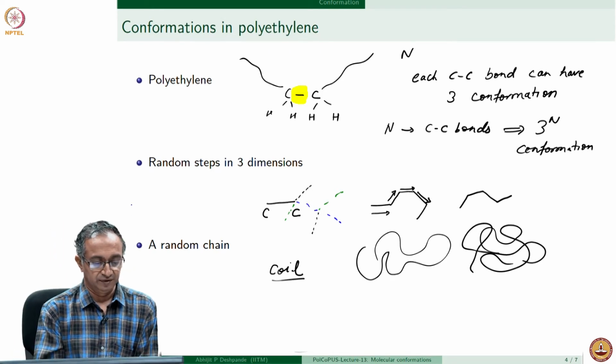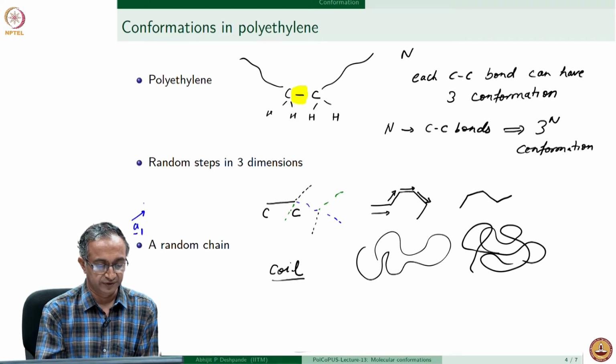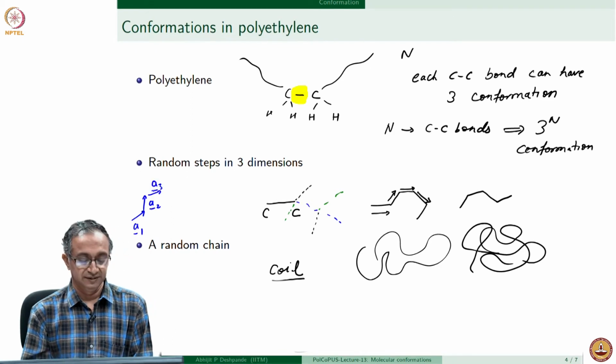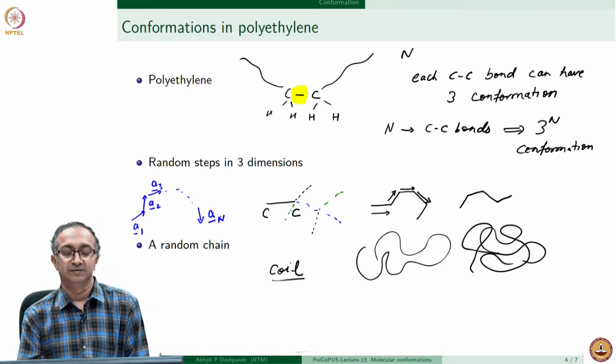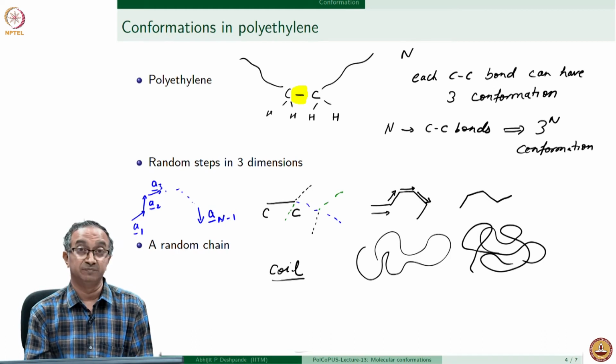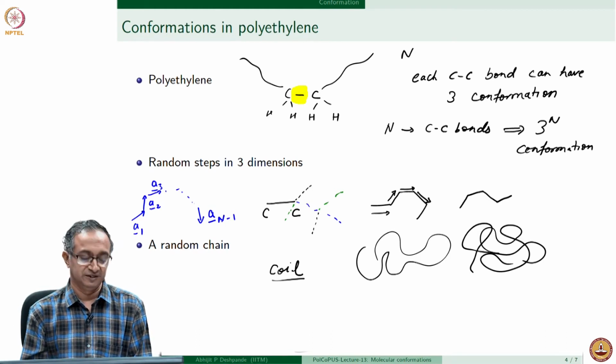So basically my polymer chain is a collection of all these vectors. I have one vector which I'll call A1, then another vector which I'll call A2, then another vector A3, and so on, going on and on till A(N-2), A(N-1), and so on.